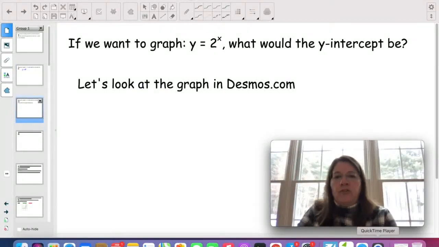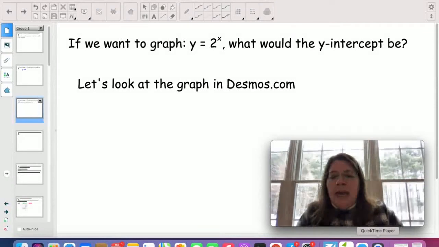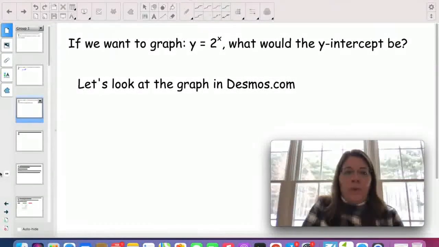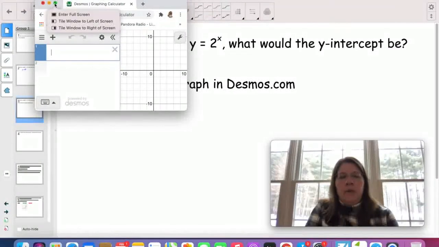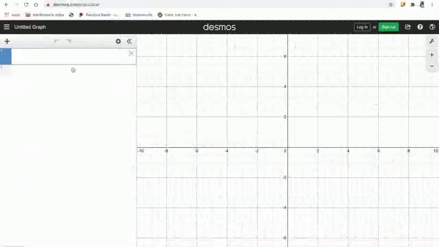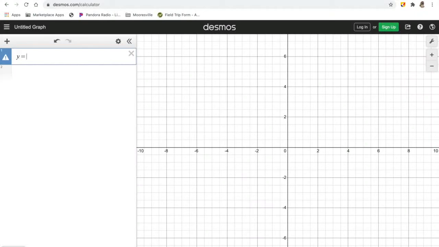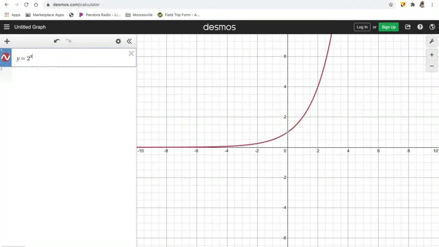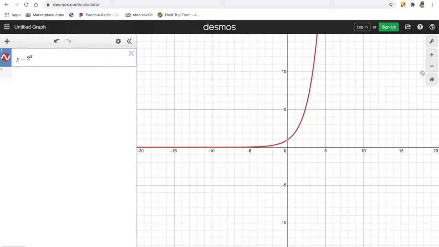So we're going to look at this graph in Desmos. And it's really important that you understand how to identify the parent function of this as well. So I'm going to go into Desmos and we're going to look at this parent function. If I type in y equals 2 to the x, that graph looks like this. And I'm going to change the graph so that it's a one-to-one graph so we can see exactly what's happening here.